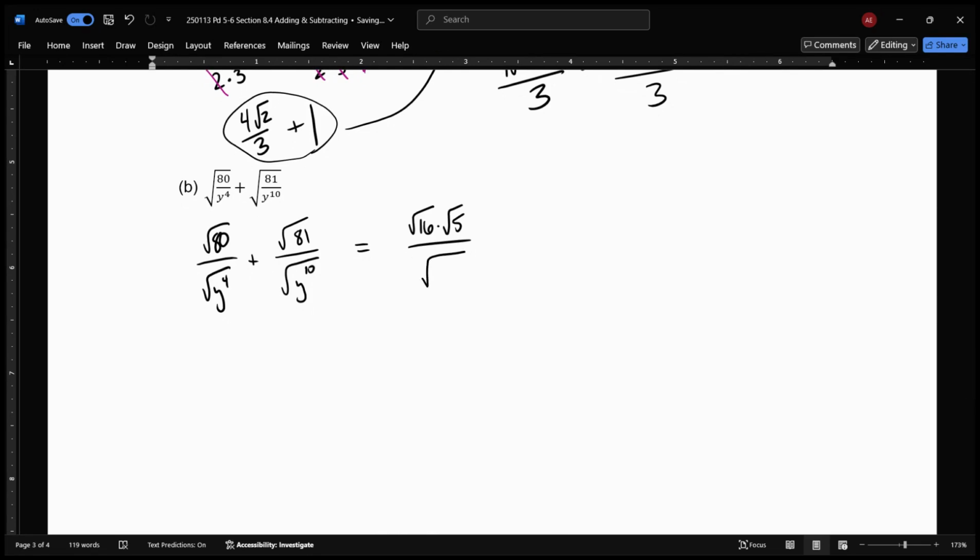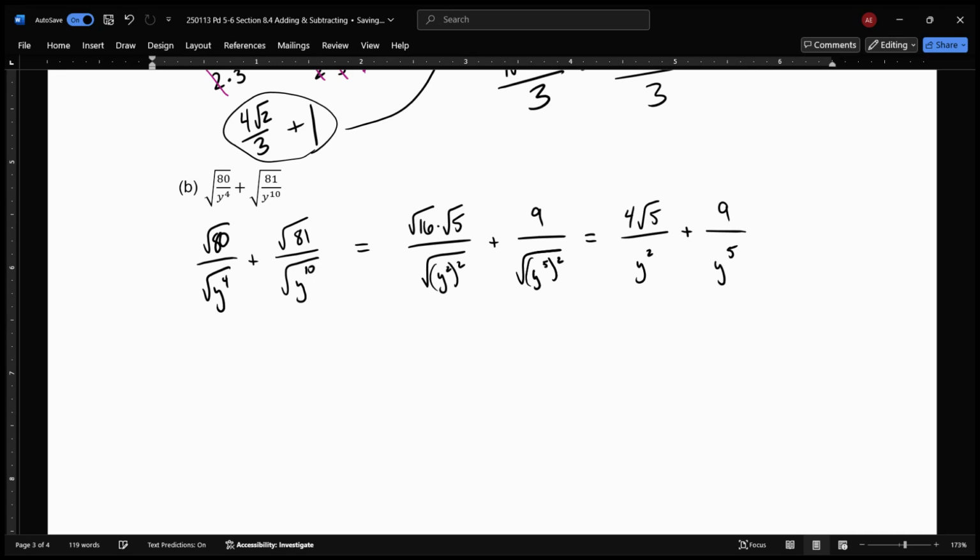And then the square root of y to the 4th is y squared. Plus, square root of 81, I think we know is 9. The square root of y to the 10th, just since I'm writing it like this, why not? So 4 times the square root of 5 over y squared, plus 9 over y to the 5th.